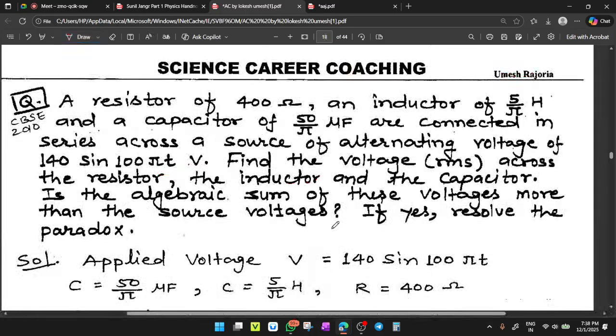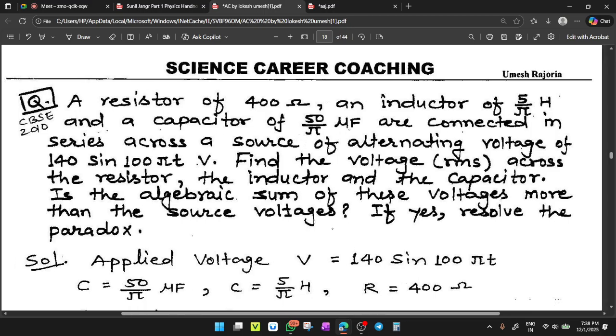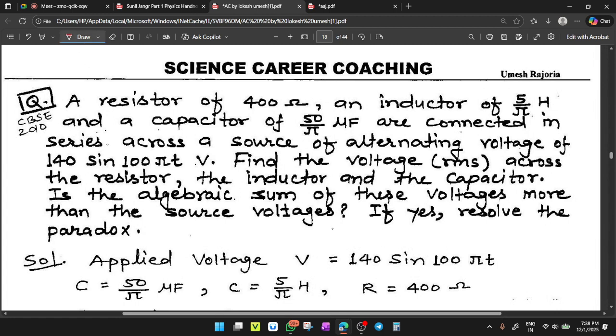Fine. Okay, next question: a resistor of 400 ohm, an inductor of 5 upon pi Henry, and a capacitor of 50 upon pi microfarad are connected in series across a source of alternating voltage. So you have an alternating voltage source, and R, L, and C are connected to it.